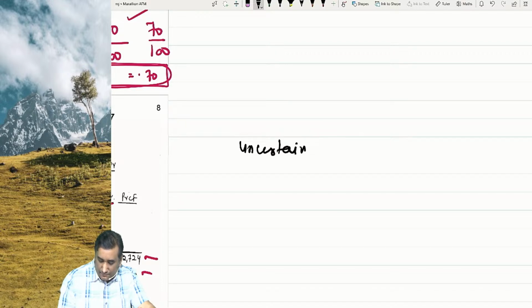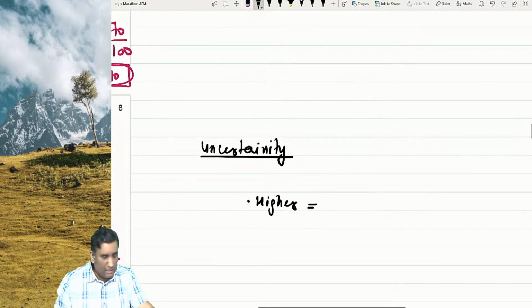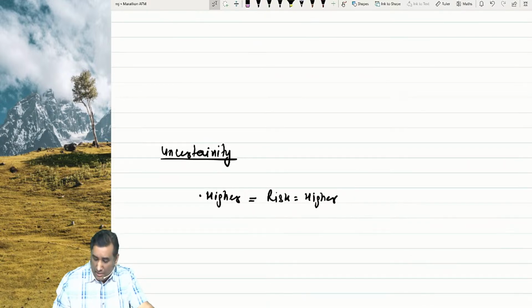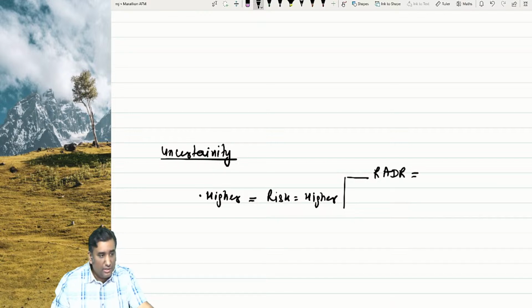Uncertainty. If uncertainty is higher, that means risk would be what? Risk is higher. If risk is higher, and if I was to use the RADR approach, I'll use a high rate or low rate? Higher rate. And if the CE factor were given, you know the CE factor would be what? Lower.